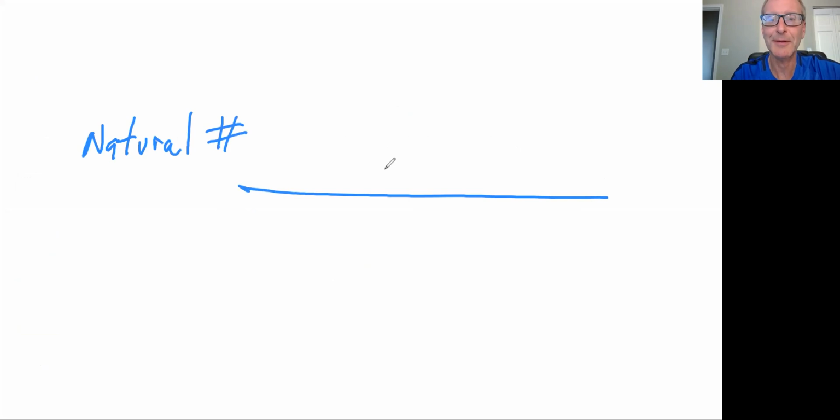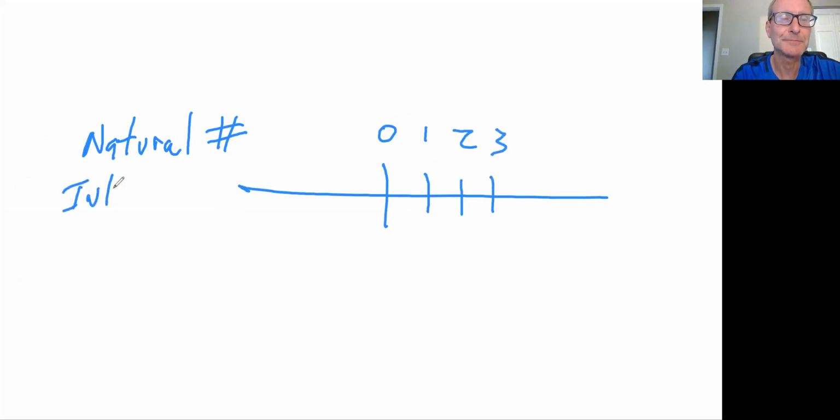So you remember we had numbers called natural numbers, right? If you remember the number line, we could say that is a number, say, from 0, and then the next number is 1, 2, 3. We use the term integers as well. And the integers would be the negative numbers and the positive numbers.